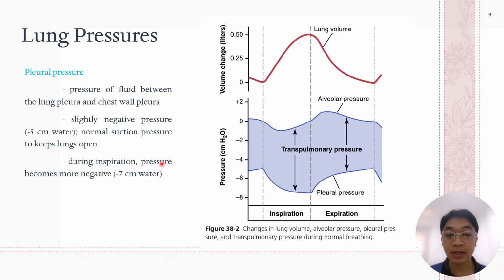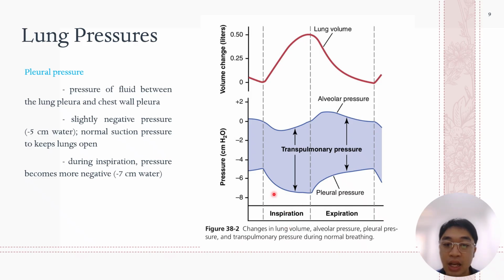During inspiration, take note that the negative pressure will become more negative in order to draw more air. As you can see here on the diagram, this is the volume change, which shows the lung volume, and this is your transpulmonary pressure. First, let's start with inspiration.